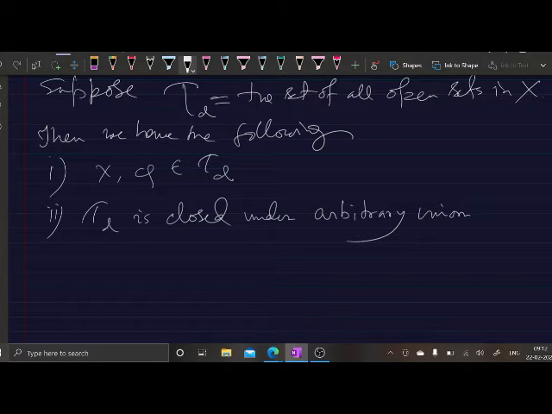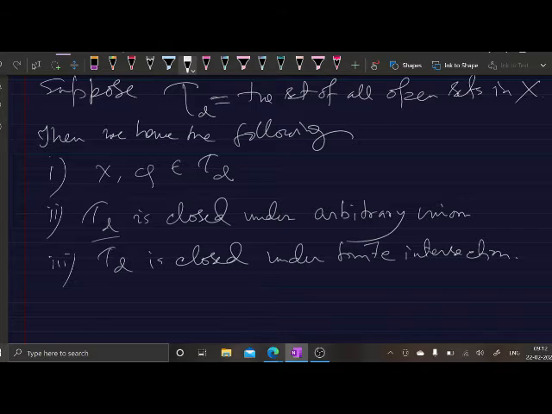That is, if you take any arbitrary members from this tau_d, then their union is also in tau_d. Number 3, tau_d is closed under finite intersection.